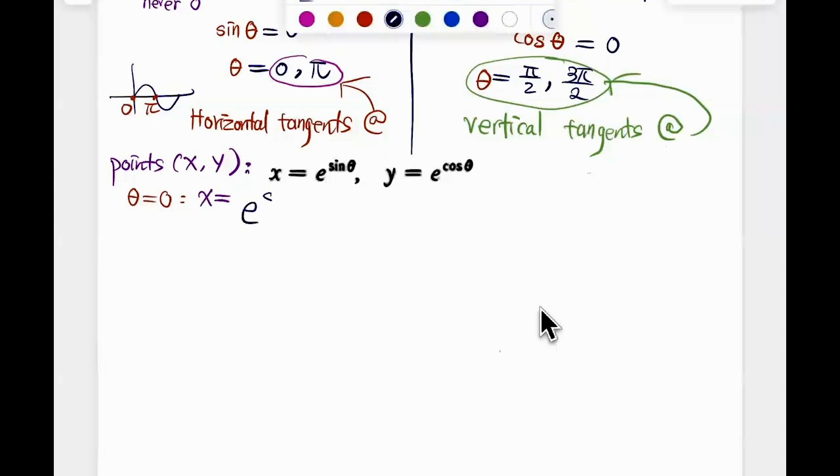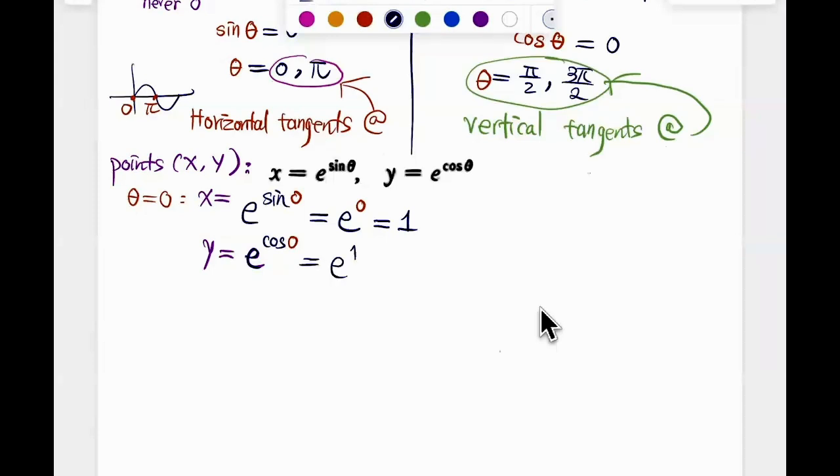sine of 0, which is going to be e to the what? Sine of 0 is 0, which is going to be 1, right? And what does y equal to? E to the cosine of 0. What's cosine of 0? Anyone? 1.